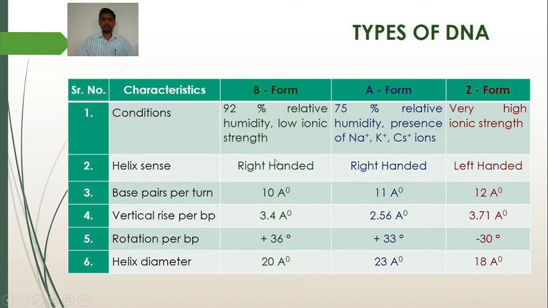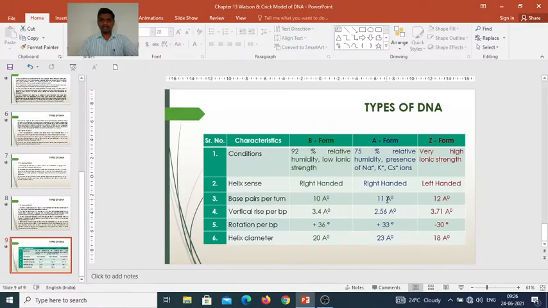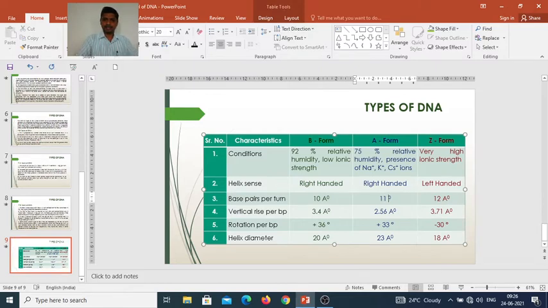The B form of the DNA executes a turn at 10 nucleotides, meaning the base pairs per turn are 10 in the B form, while in the A form it is 11, and in the Z form the number of base pairs per turn is 12.